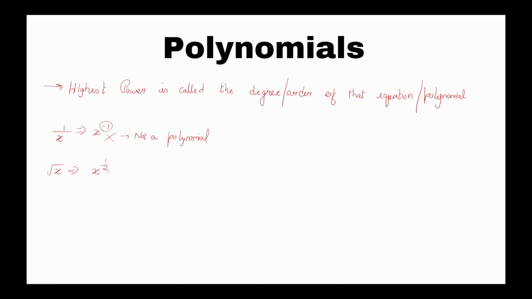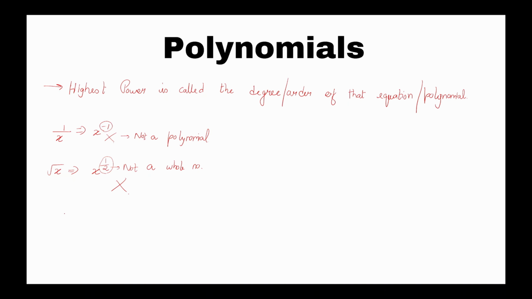And is this a whole number? Not a whole number. So again, this wouldn't be a polynomial. So you must remember this thing and check which of these are polynomials or not. So the first and foremost thing is for you to check if all powers of x mentioned in the entire equation are whole numbers or not.